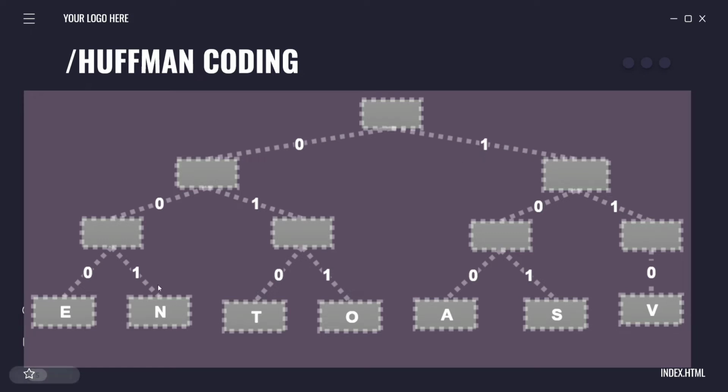So if I were to find the value of the character N, I would start from the root node, and then from the root node I would go to this node. So we would get the value 0, and after going to this node we would go to this, and then finally this. So the value would be 0, 0 and 1. Similarly, values for all other characters can be obtained.